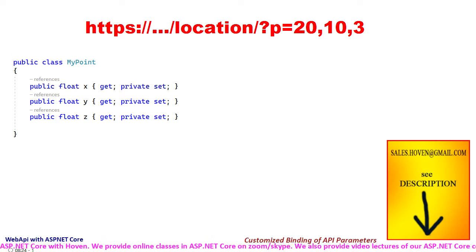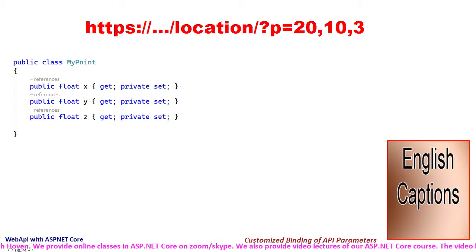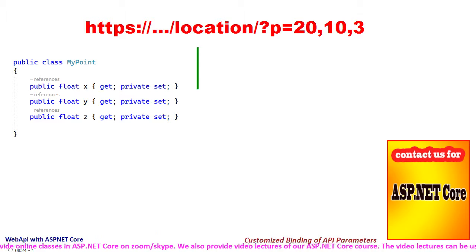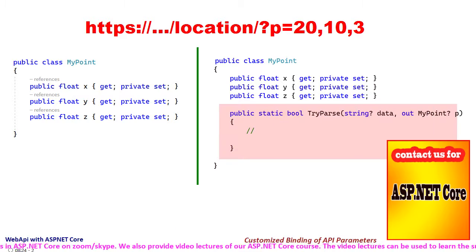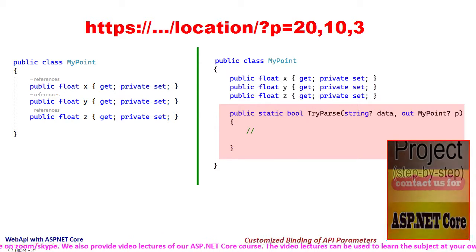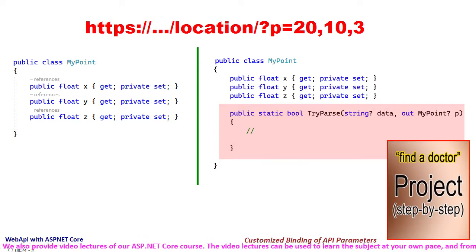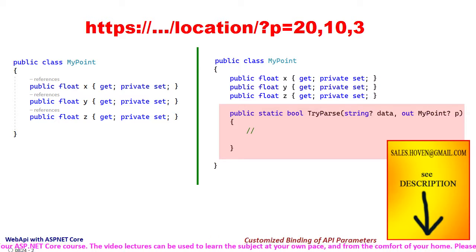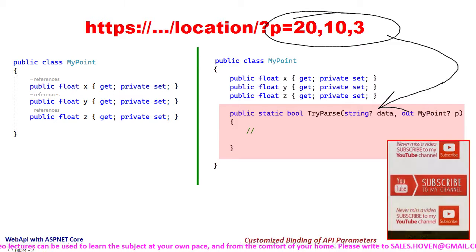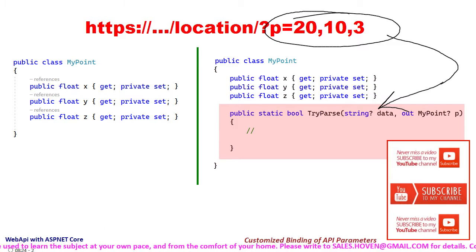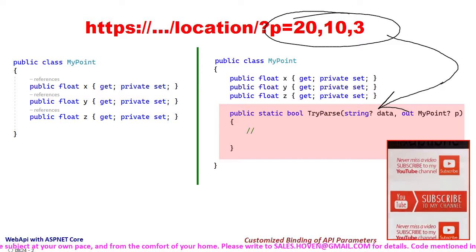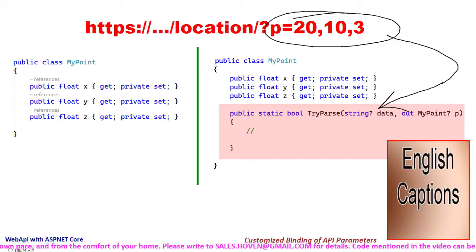ASP.NET Core requires that this code should be added through a public static function called tryparse, as you are seeing here. The web API executes this function just at the time it receives the query string. The function receives the query string into a nullable string variable called data that you are seeing here.